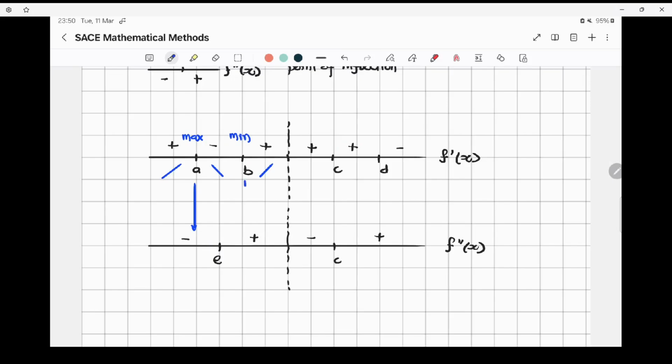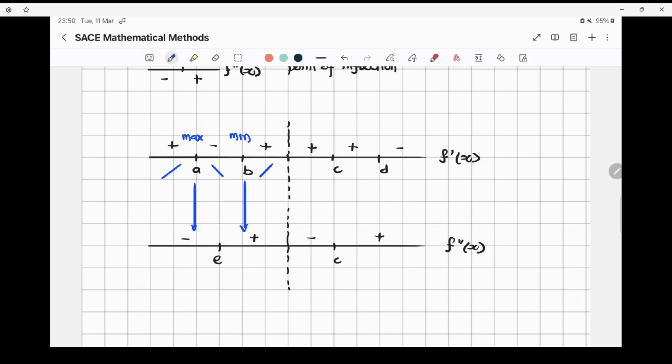Whereas for B, the f double prime has to be greater than 0, which is why when you look at your f double prime, B falls into the positive region. So that is also another test for you to double check your answer in this case.